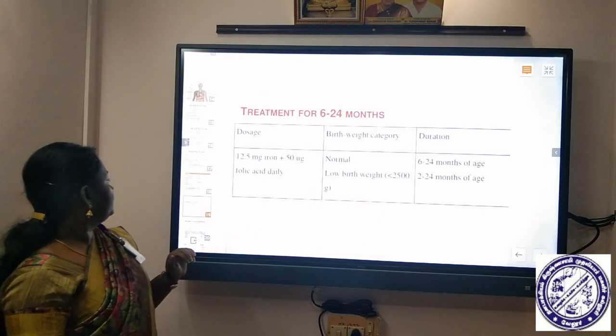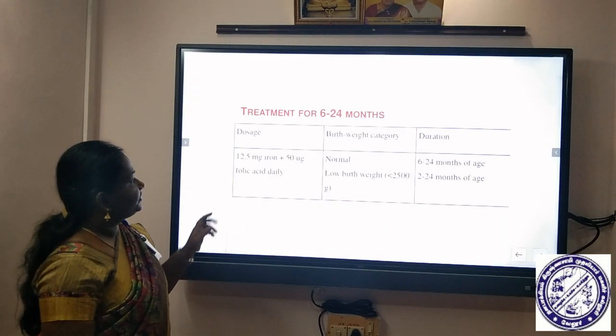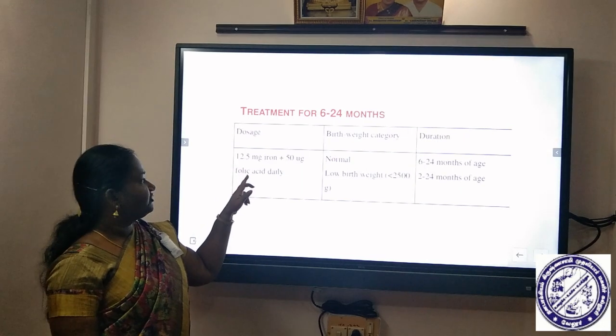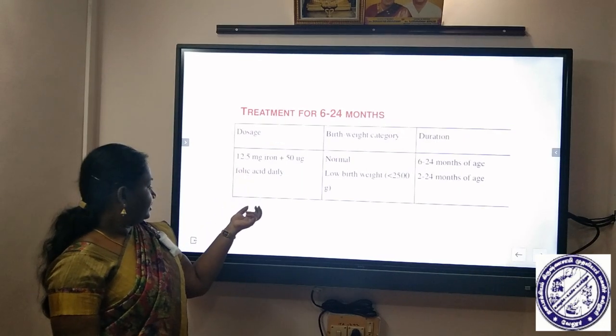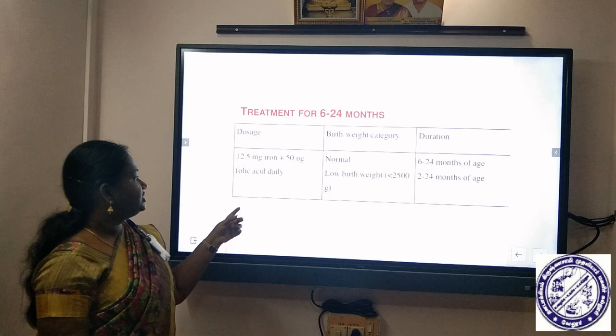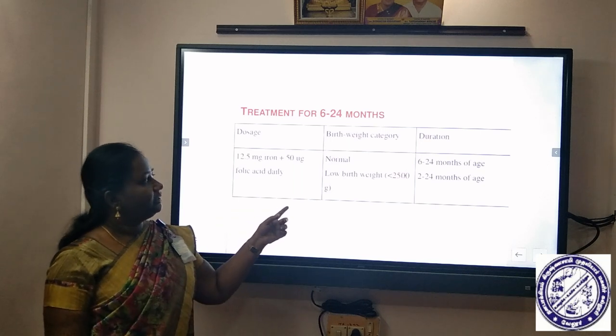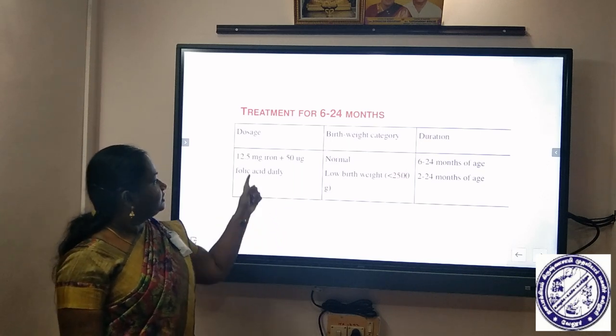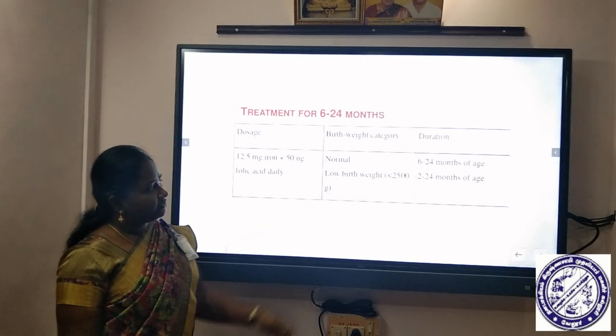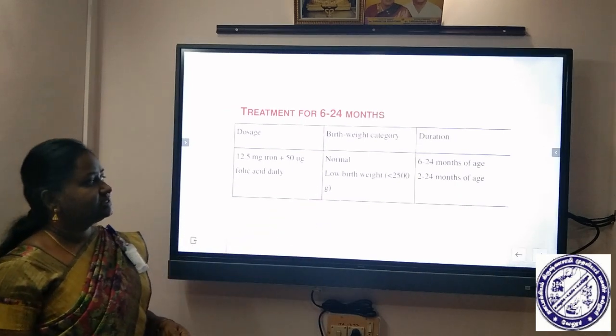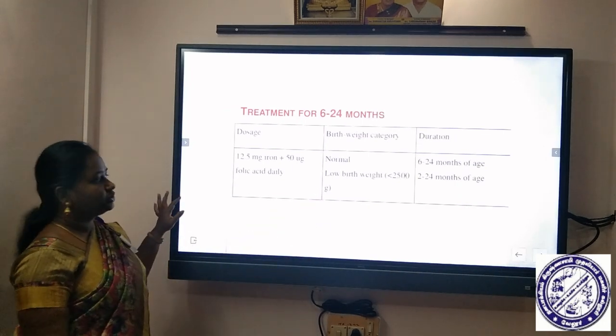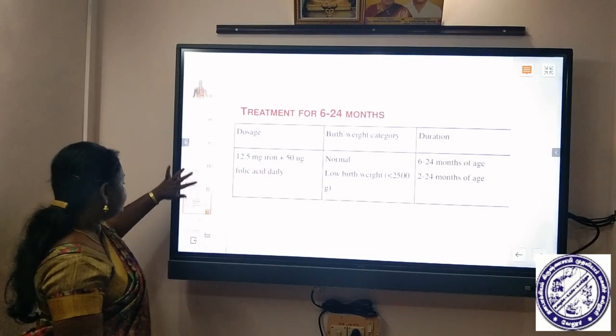So coming to the treatment, we can give 12.5 milligrams of iron with 50 micrograms of folic acid per day, for normal and low birth weight infants, for 6 to 24 months of age.